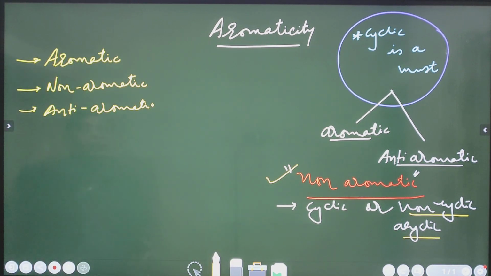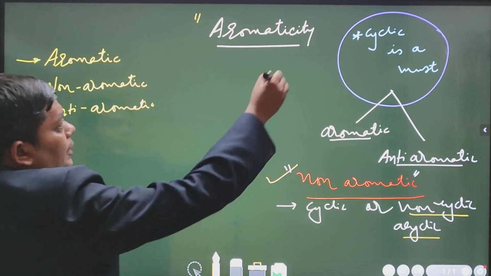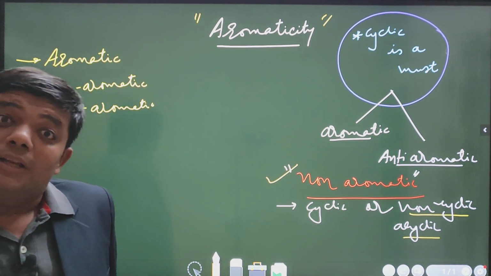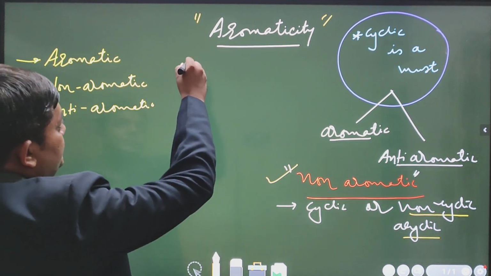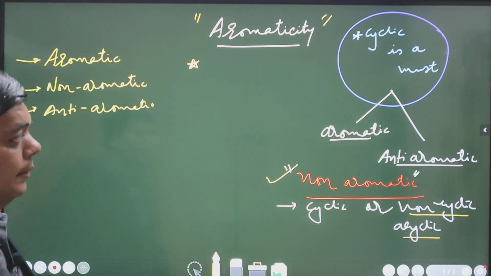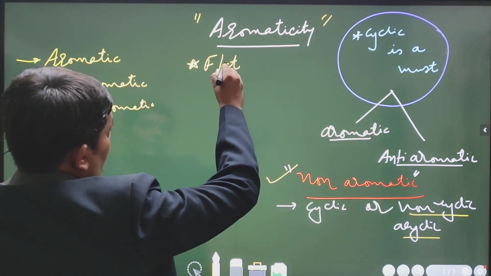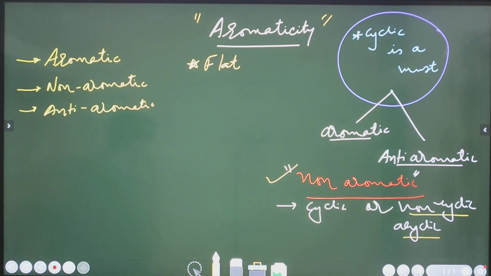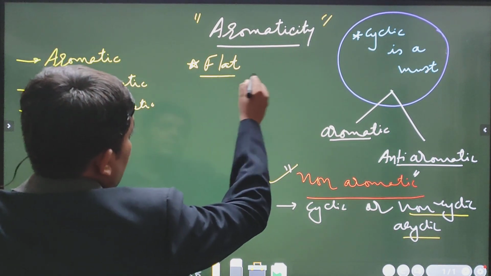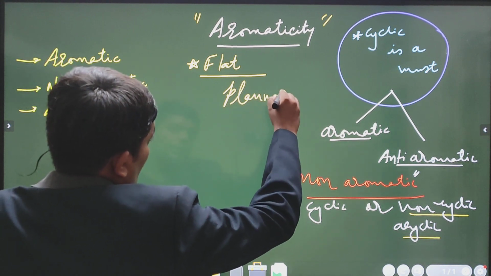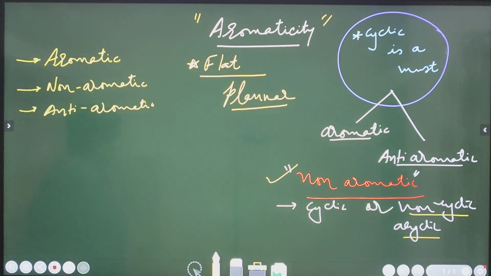Now, as we all know, whenever we come across this term aromaticity, there are four fundamental rules that are to be remembered, of which the first that we come across is the molecule must be flat. Whenever we say the molecule must be flat, in other words, in simple words or the words that are used in organic chemistry, it has to be planar.